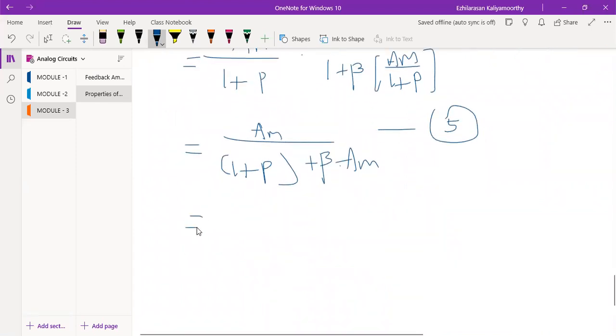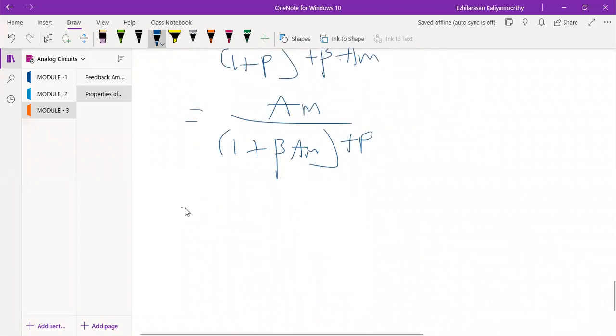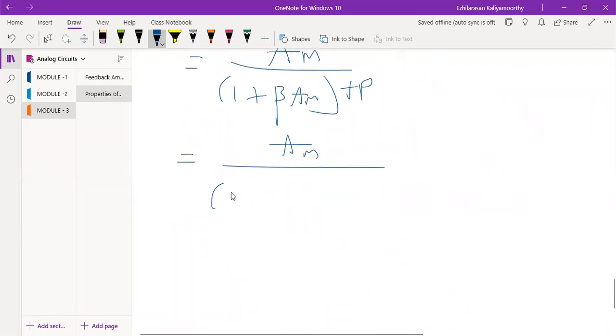Now after this, we have AM divided by 1 plus beta AM plus P. This expression we can rewrite like this.